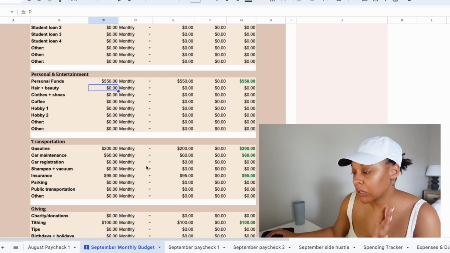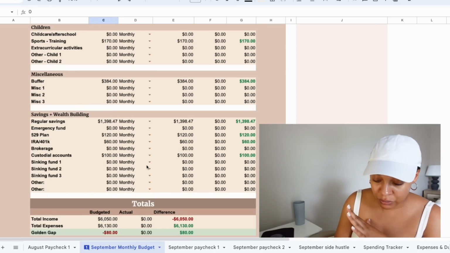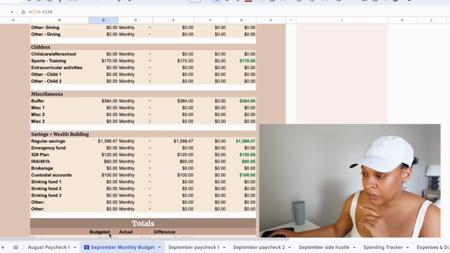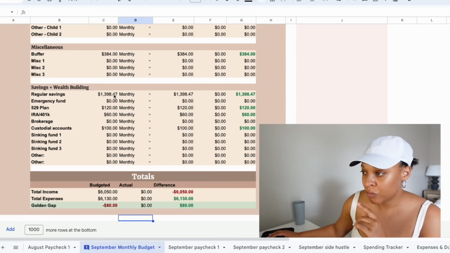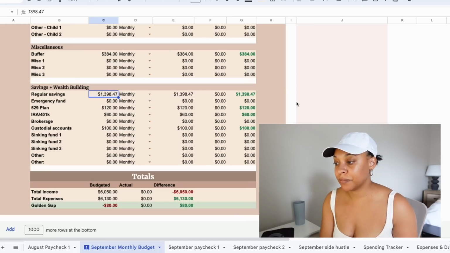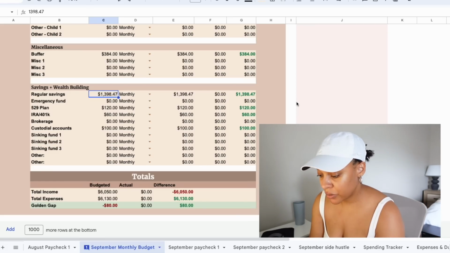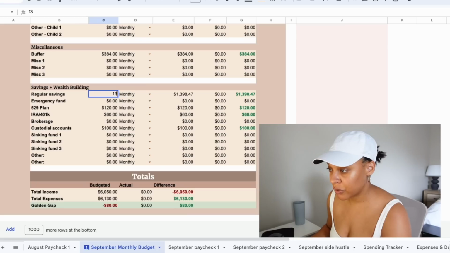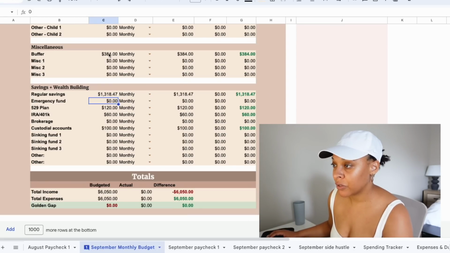I'm going to be honest, I'm going to be realistic. I don't know how my mood is going to be some days. So let's push it up to 550, which means that I need to recover $80, which means that the savings is going to have to be reduced. So $13.98 minus 80, so that would change that to $13.18. I do have a good buffer here.